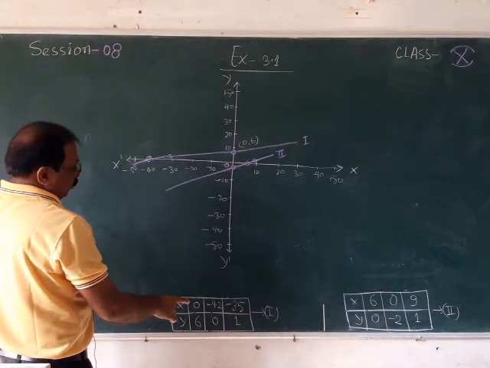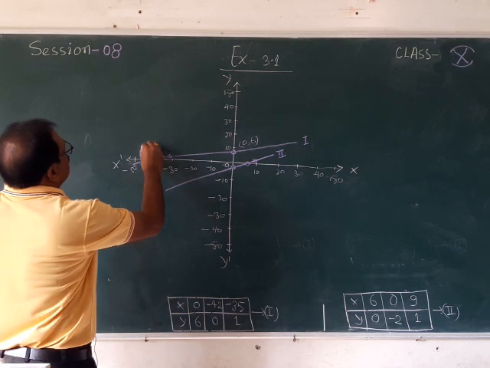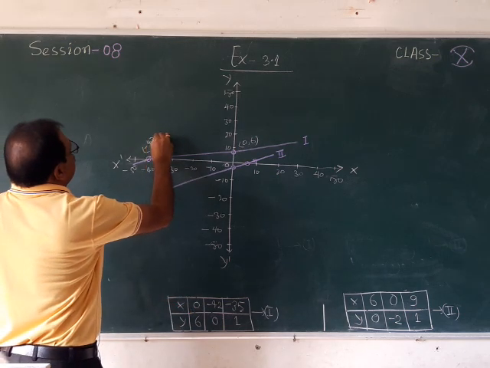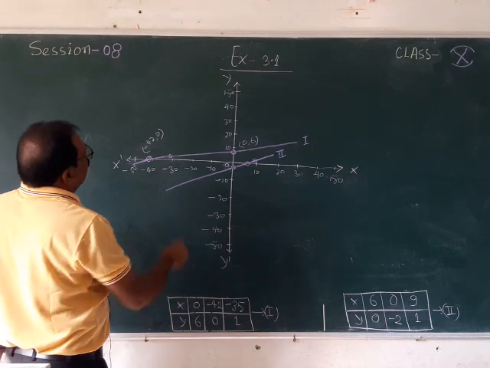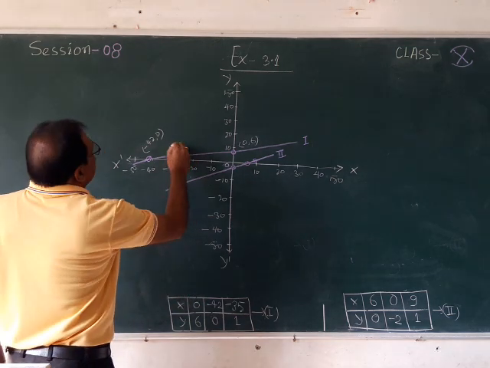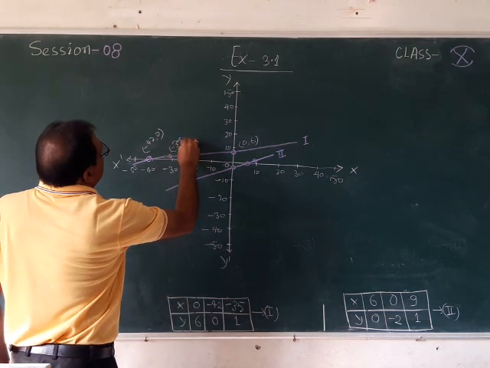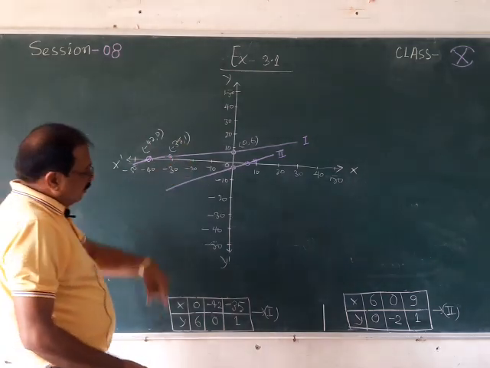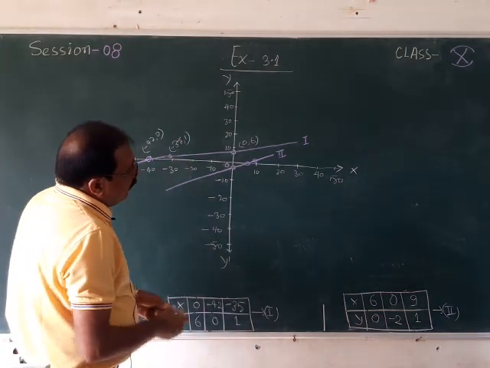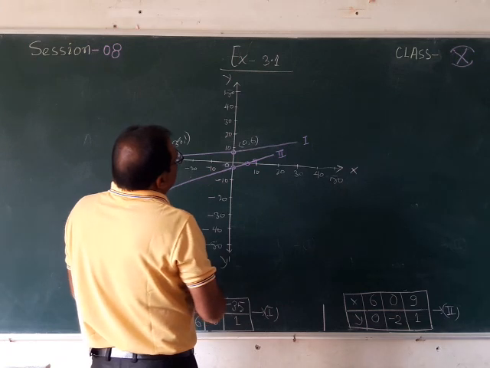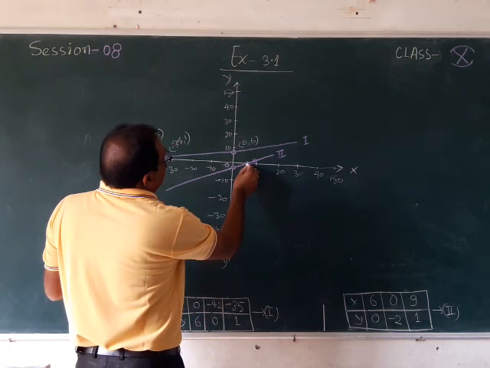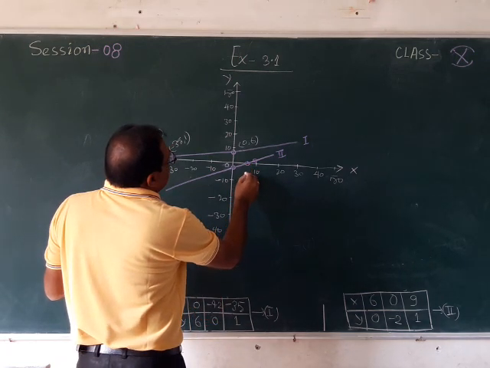Then minus 42 and 0. Suppose this point is minus 42 and 0, then the third point minus 35 and 1. So you need to write the coordinates of these graphs. Then x 6 and 0.